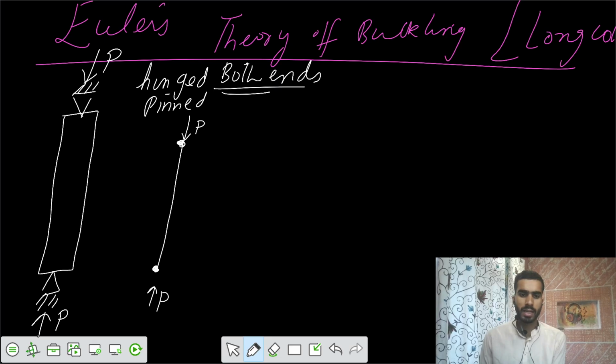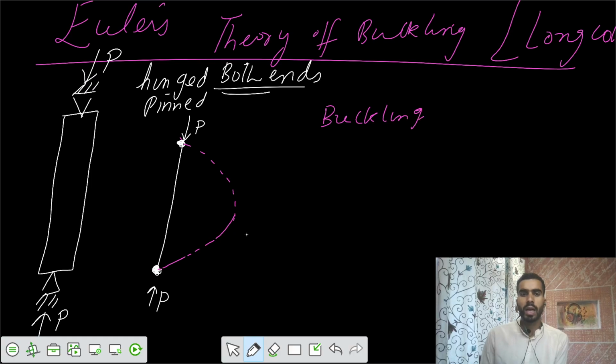Because there are pins at the ends, the ends can't go anywhere, so there won't be delta at those ends. But there would be some delta formed somewhere at the mid. So some buckling has developed, and delta here is 0, and similarly delta here is also 0. Then you go to some value of x, and there we have some value of y, the buckling deflection.